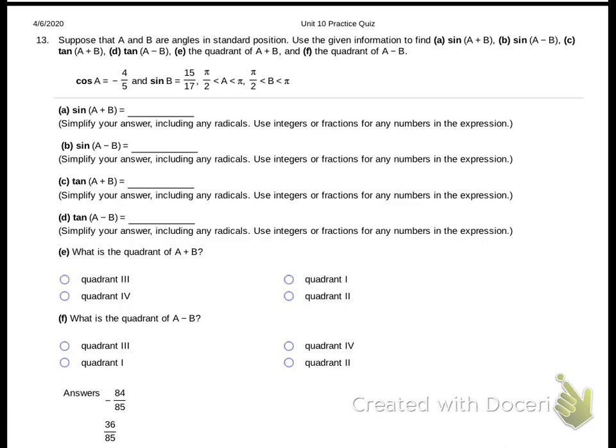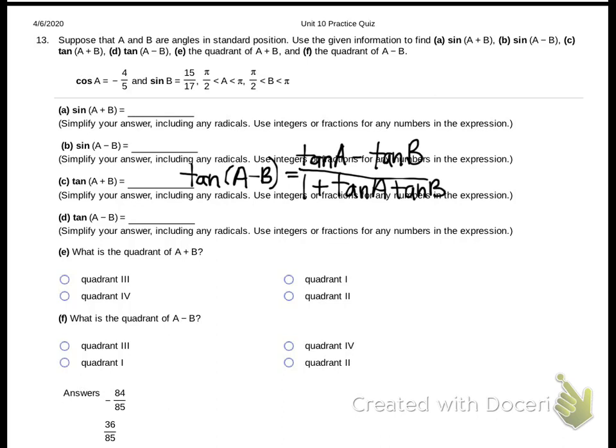So why don't you try to pause and see if you can start from beginning to end, and then push play whenever you're ready. Just copying this formula.